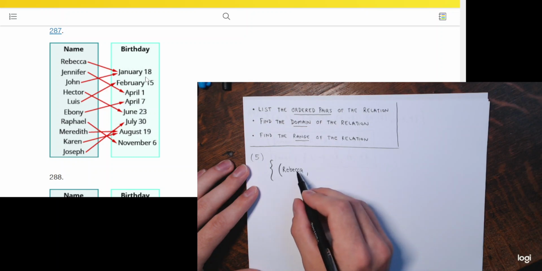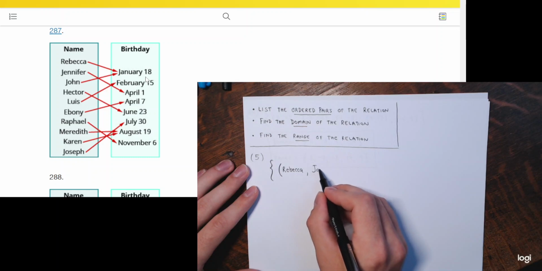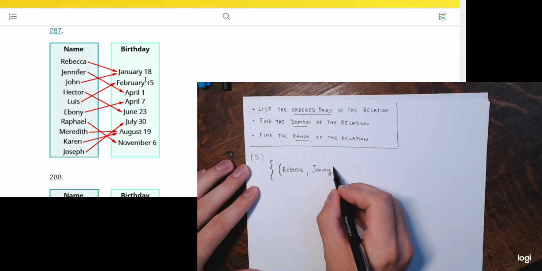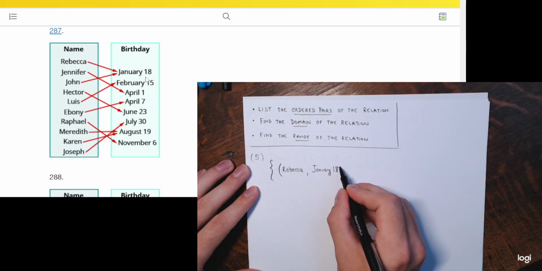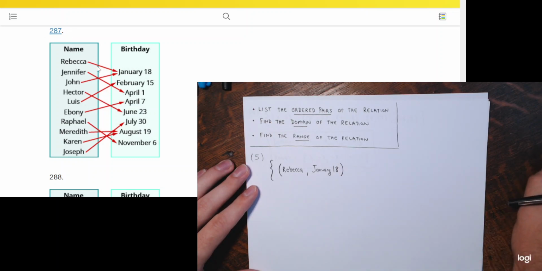So I have the ordered pair Rebecca, comma, and January 18th. Close parentheses. There's my first ordered pair, and that represents this relationship with this arrow, Rebecca, and then the arrow to January 18. I hope that makes sense.